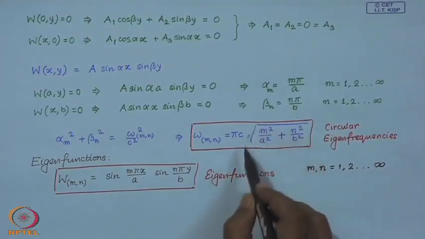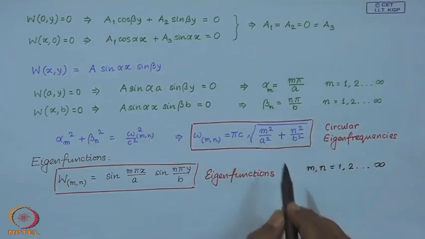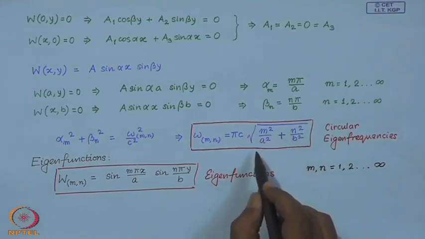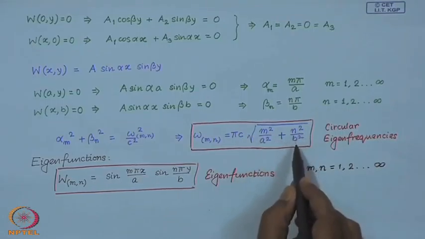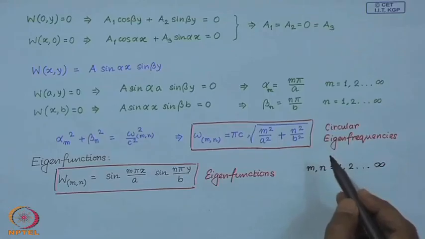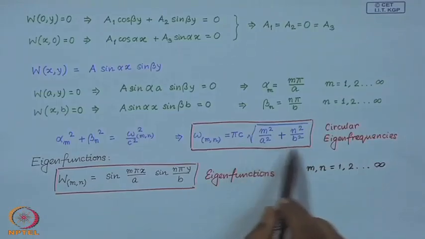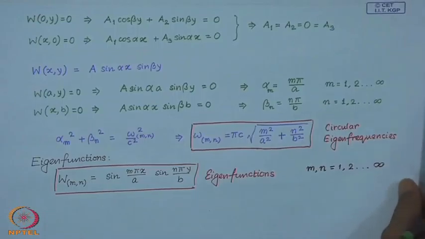Now, in the case of the membrane, this is no longer true. There is another possibility that we are going to discuss shortly, and that is when m square over a square plus n square over b square is some r square over a square plus s square over b square. So that is a possibility. That means there are two different modes which have the same circular eigenfrequency. We are going to discuss that shortly.